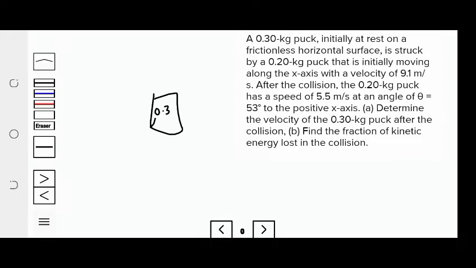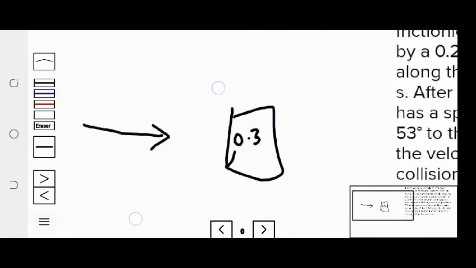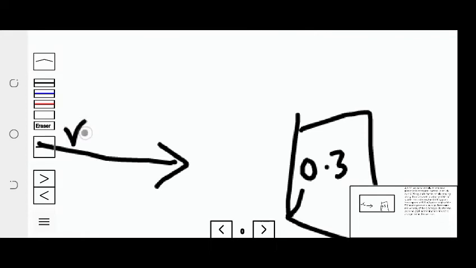They're saying it is initially moving along the x-axis with a velocity of 9.1. So it's coming, let's say, from this direction with a velocity of 9.1. So let's take the v to be 9.1.